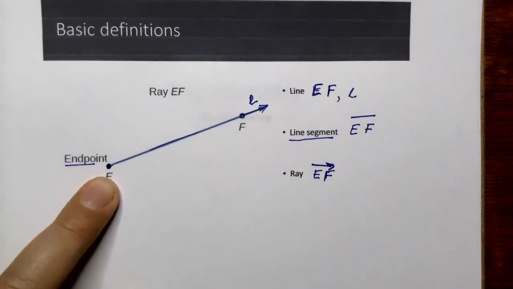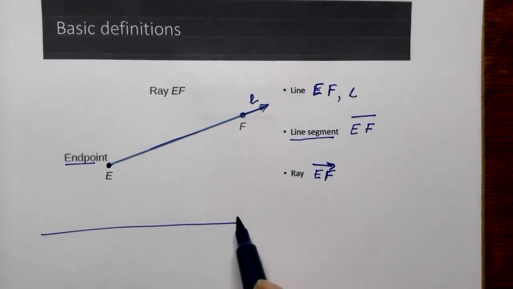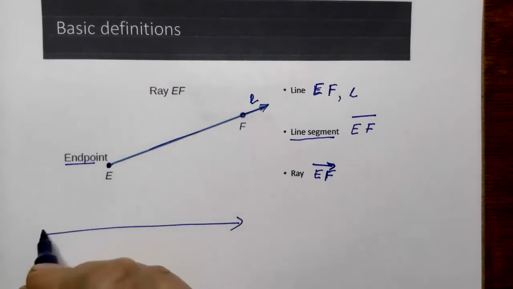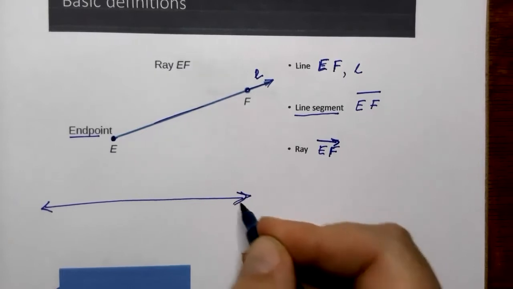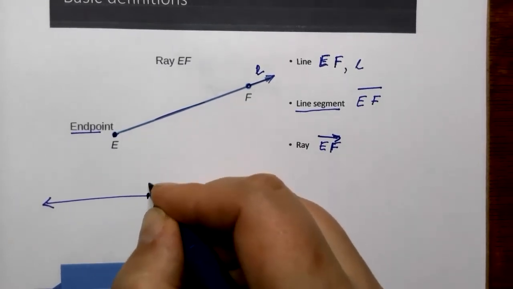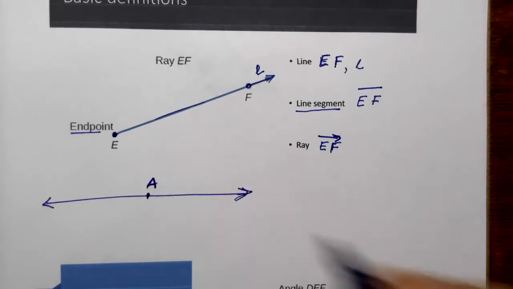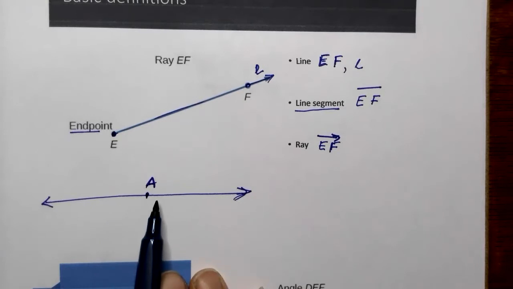You could think of it as half a line. Let's say we have this line here that's continuing indefinitely in both directions. If we put a point here, A, this point divides the line into 2 half lines.